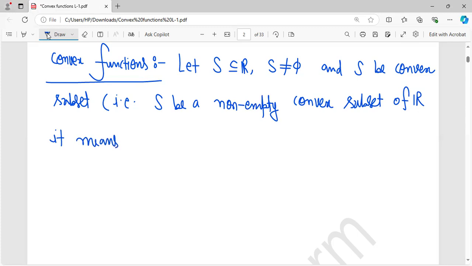It means lambda x plus 1 minus lambda y belongs to S for all x, y belongs to S.